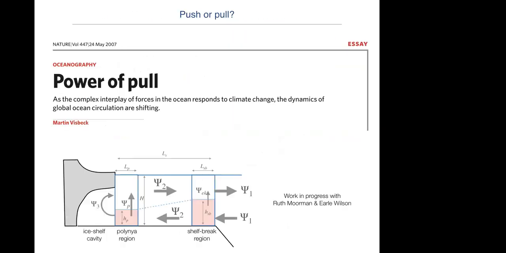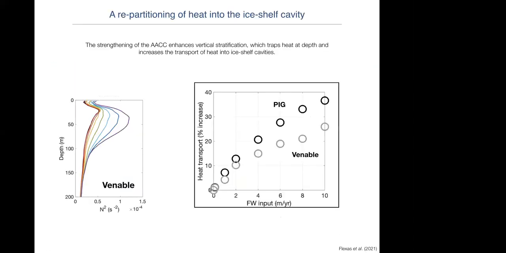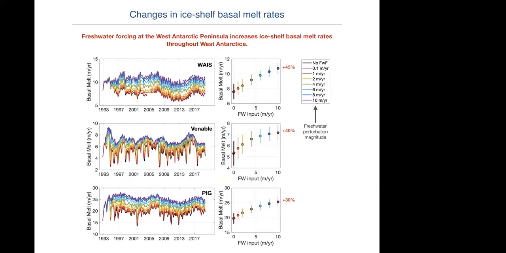Laurie Padman: So you said that for the hosing experiments, the numbers were quite large, but you gave a range of results for much smaller values. If I look at the top plot, the interannual variability that's there anyway is of a similar magnitude to the hosing experiments.